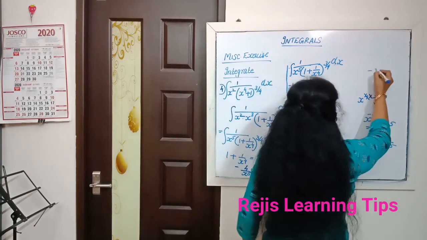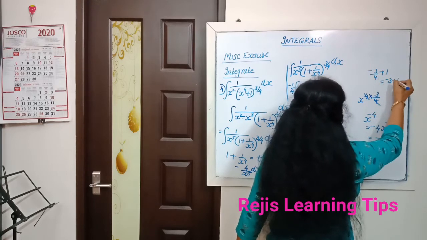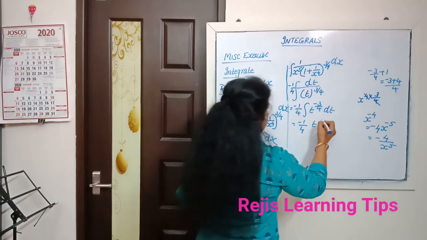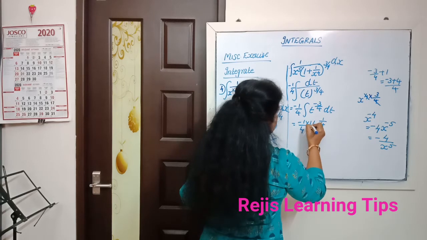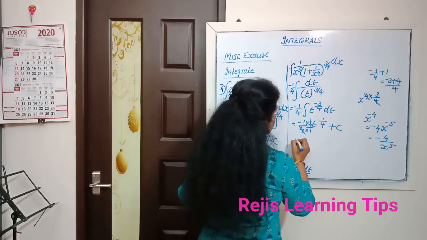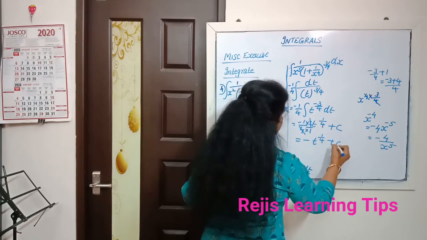Minus 3 by 4 plus 1 is minus 3 plus 4 by 4, that is 1 by 4. So 1 by 4 divided by 1 by 4 gives 4 by 1, plus c. We can cancel this 4 and 4, then we will get minus t raised to 1 by 4 plus c.